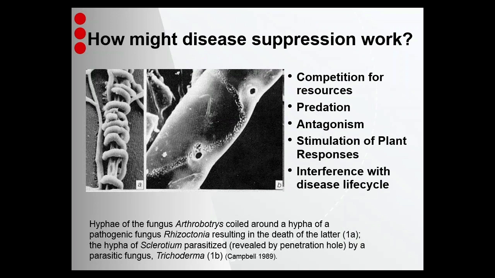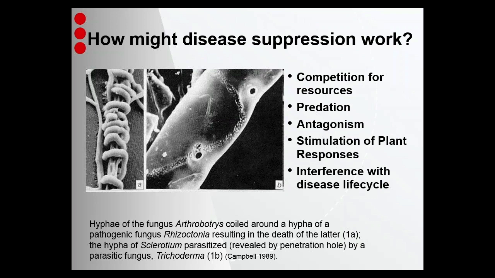There can also be predation, and this is more likely to happen in some kinds of compost teas. For instance, if you are culturing a large population of protozoans that feed on bacteria, then that kind of tea may be more likely to control bacterial populations. There can be direct antagonism, like those that are shown here on the left.